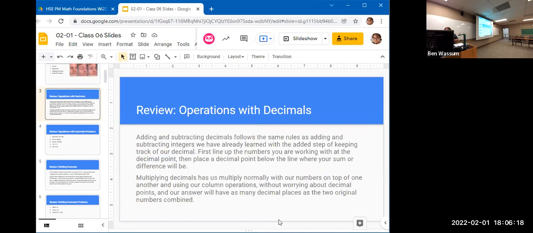Multiplying decimals is a little different. You still do the multiplication like you normally do, but you kind of ignore the decimal place at first. You don't have to line it up or anything. In fact, I recommend you don't. And then all you have to do afterwards is say, well, how many decimal places did I have after the decimal point on each of my starting numbers?